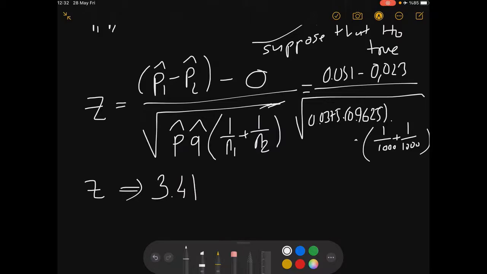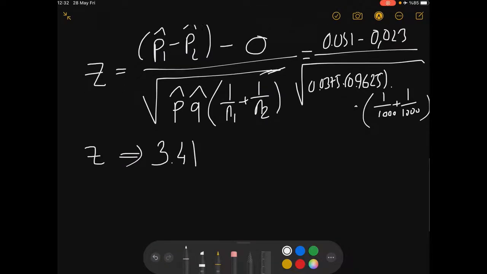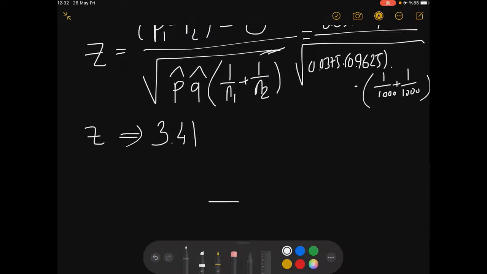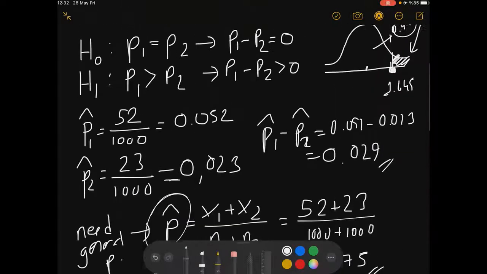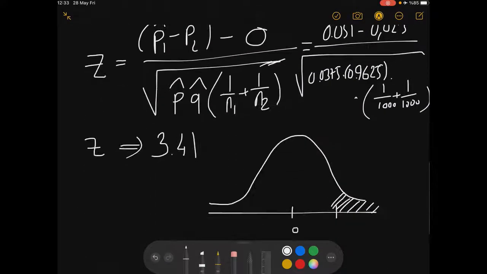So when you make the necessary calculation here, you get Z as 3.41. Please make the calculations with your own calculator as well and double check the results. So now, don't rush, just write everything. This is your point and this is your rejection region, which was based on 1.645, right?